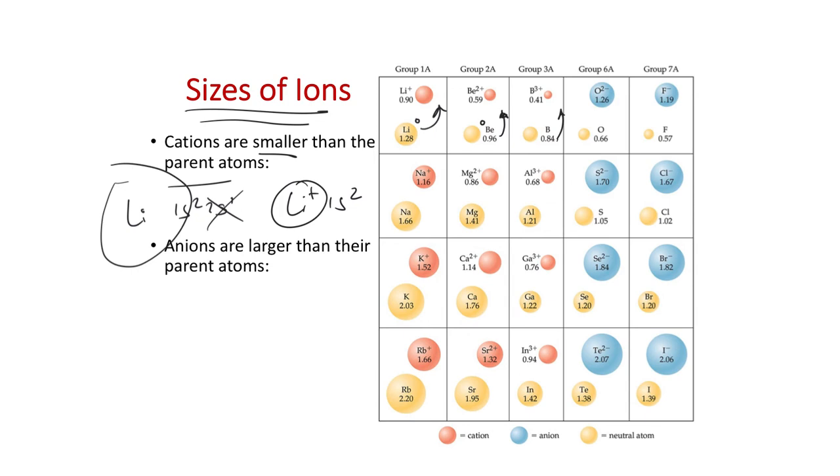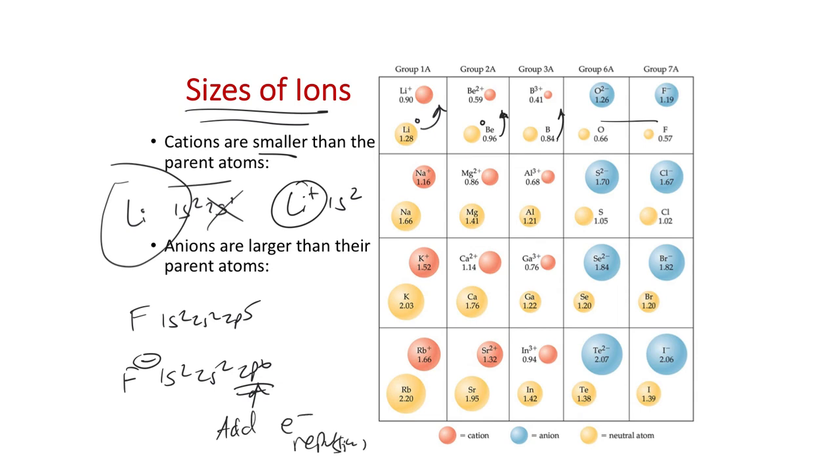And now if you go to the opposite side of the periodic table and recognize that O and F are more likely to absorb electrons than lose electrons, anions though become larger than their parent atoms. So if you look at fluorine being a 1s2, 2s2, 2p5, and go to F minus and say 1s2, 2s2, 2p6, think about the size here for F minus. We're adding an extra electron. You add electron repulsions.